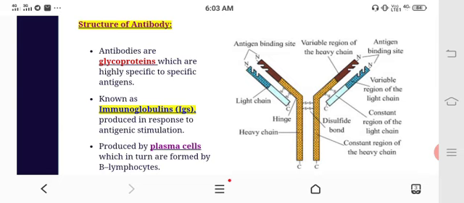These variable regions in this diagram are indicated by the brown portions and the dark blue portions. And the constant regions are shown in the form of light blue and yellow portions.